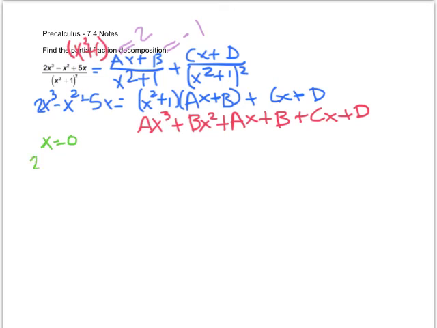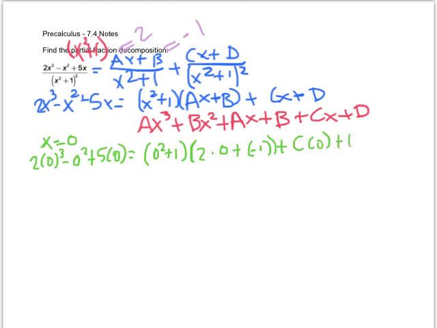So now I'm going to have 2 times 0 cubed minus 0 squared plus 5 times 0, and that's going to be 0 squared plus 1 times a, 2 times 0 plus b, -1, plus c, which we don't know, times 0 plus d.